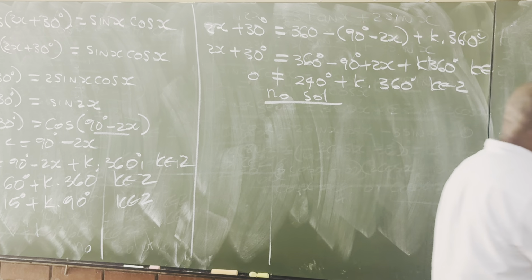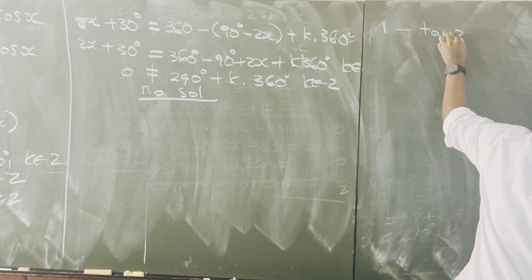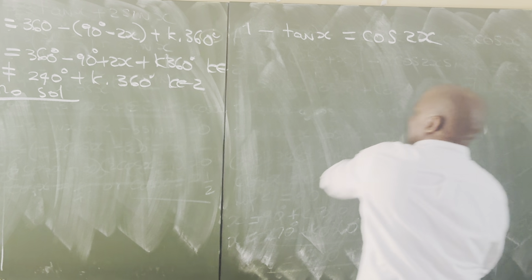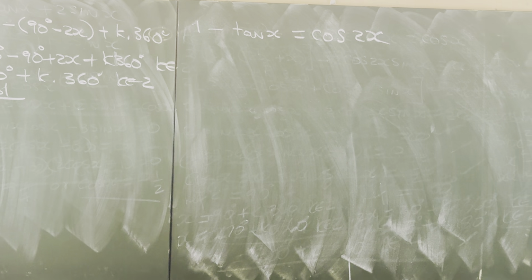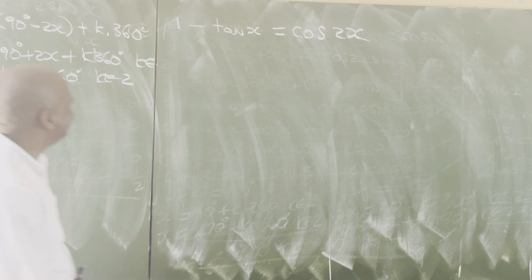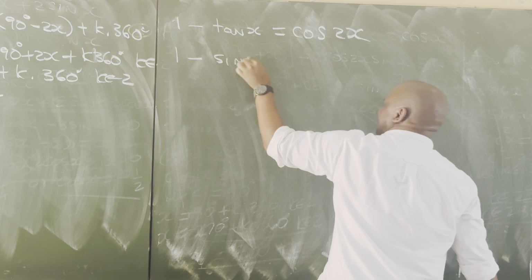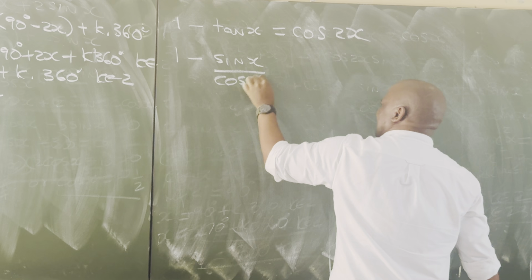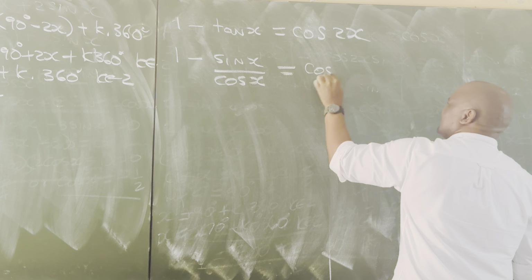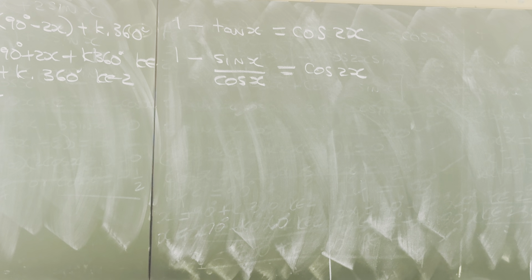Okay, let's go to number 9. 1 minus tan x is equals to cos 2x. What should be our first step in this one? Change tan. Okay. So we have 1 minus sine x over cos x is equals to cos 2x.